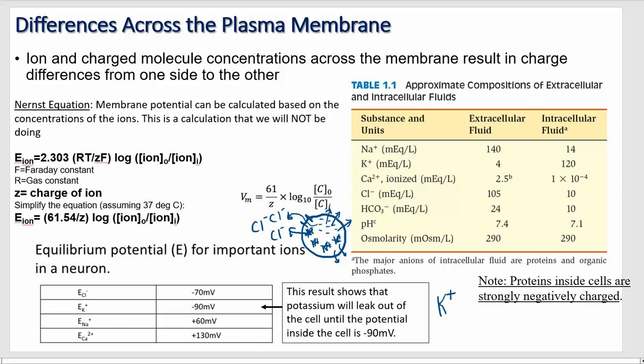Sodium just wants to go in. Until the inside of that cell is a positive 60, it's just going to keep going in. Calcium, even more so, is going to go in until it's a plus 130. So all this graph is telling us is at what potential these things will be at equilibrium and whether or not they want to go in or out.